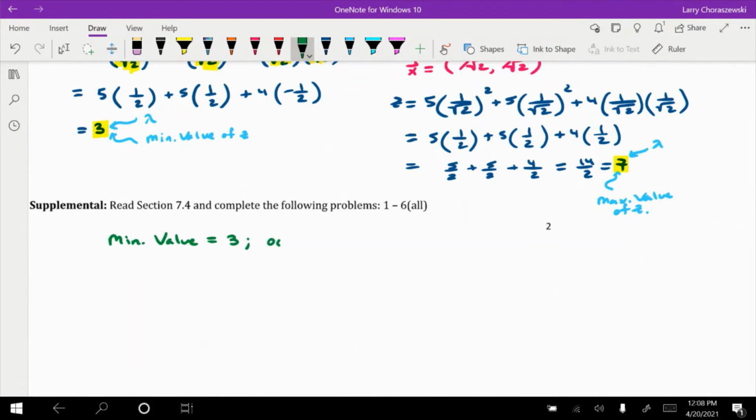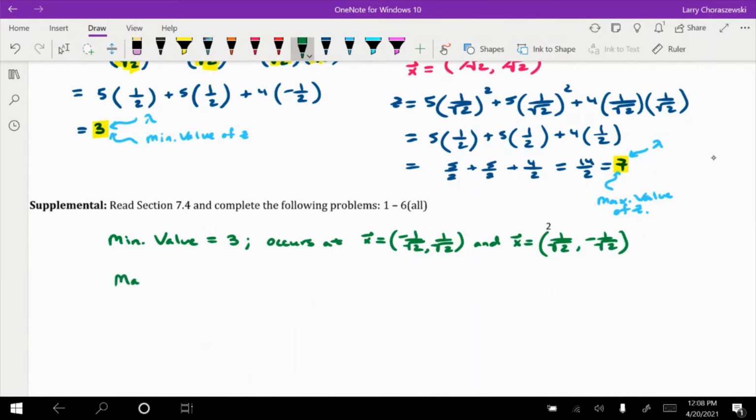And I'm going to say this occurs at 2 vectors, x equals -1 over radical 2, comma 1 over radical 2, and x equals +1 over radical 2, -1 over radical 2.